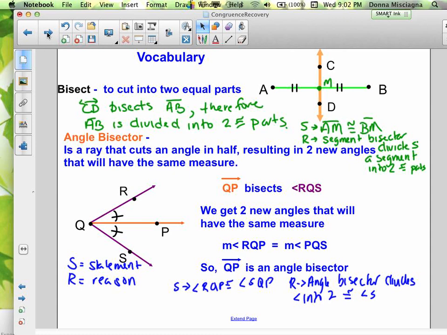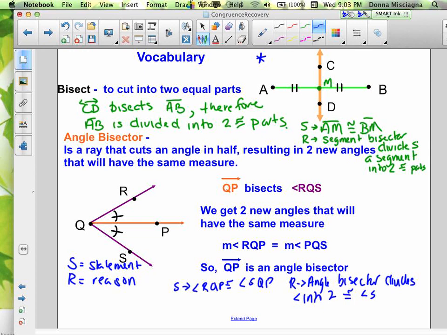Bisect is to cut into two equal parts. So in our diagram over here, and this one's not in your notes, but you can certainly add it if you'd like, line CD bisects segment AB, and therefore AB is divided into two congruent parts. So the statement would be AM is congruent to BM.